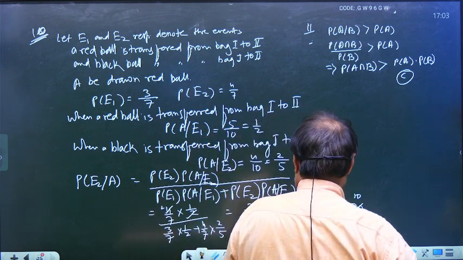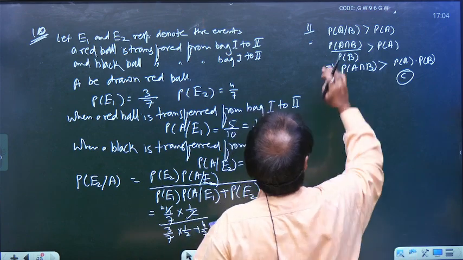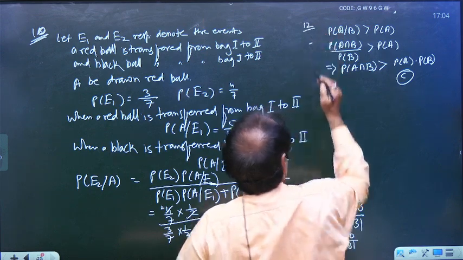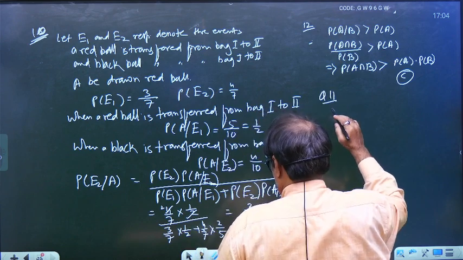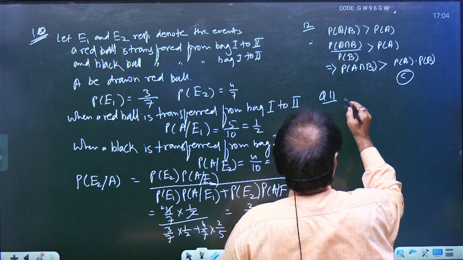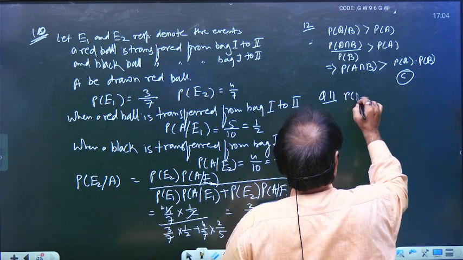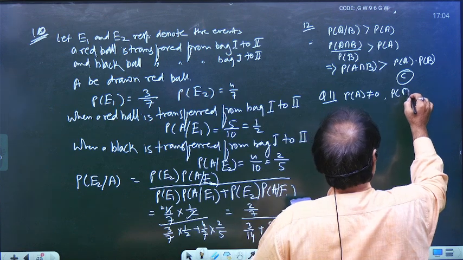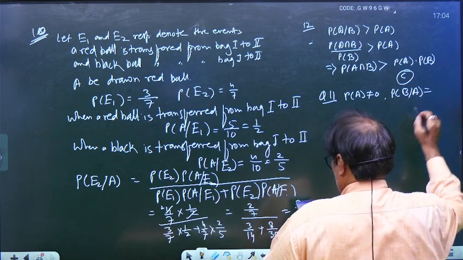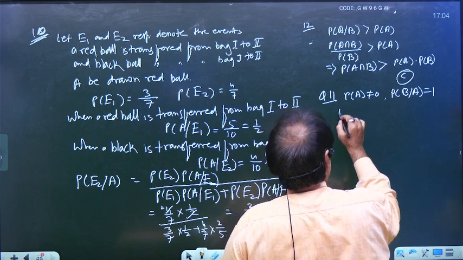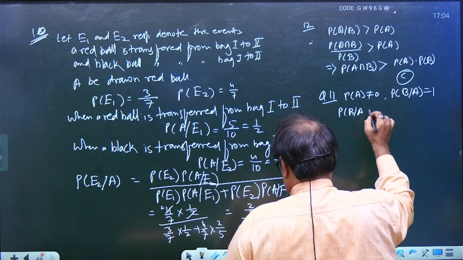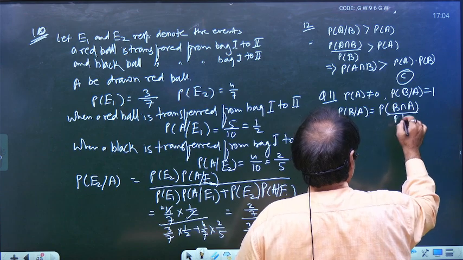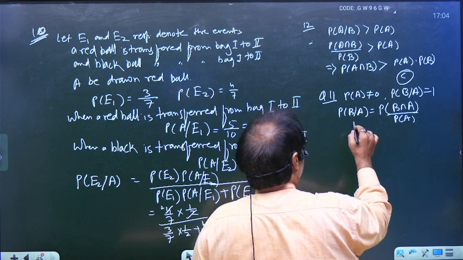This was question number 12, and question number 11 was: if probability of A is not equal to 0 and probability of B upon A is given 1. So apply the formula: probability of B upon A is equal to probability of B intersection A upon probability of A, and this is 1.